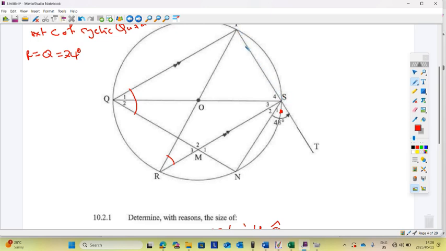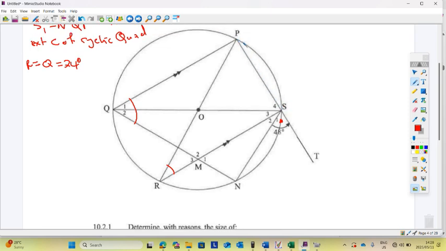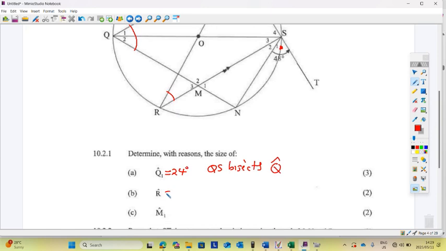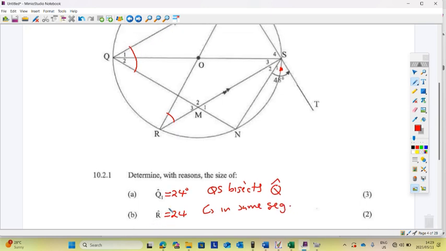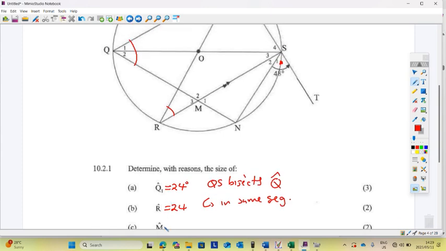They are subtended by the chord PS, both of them. That is R1 and Q1. So this is equal to 24, angles in same segment.